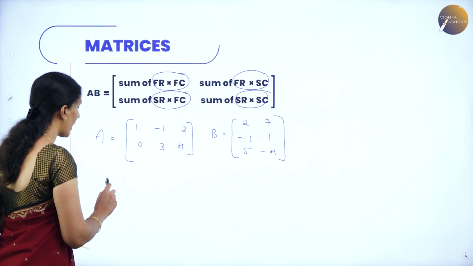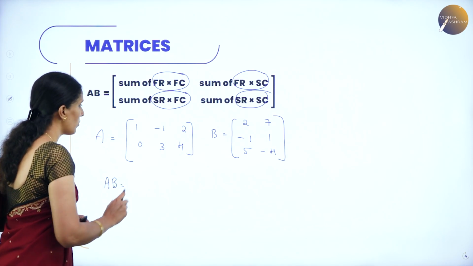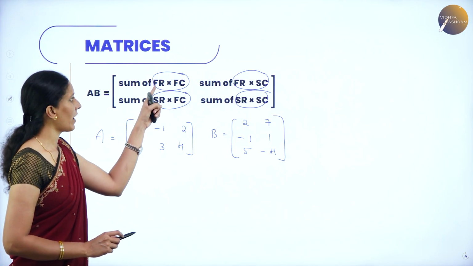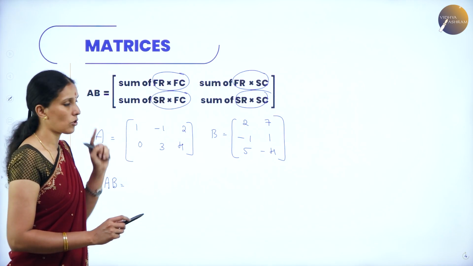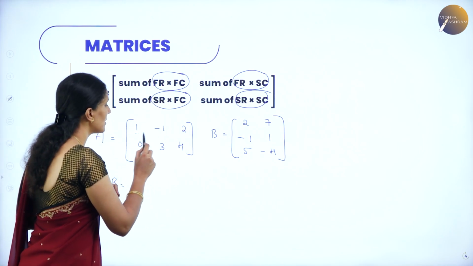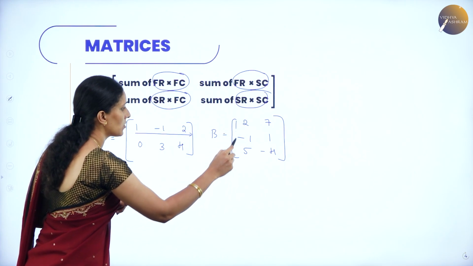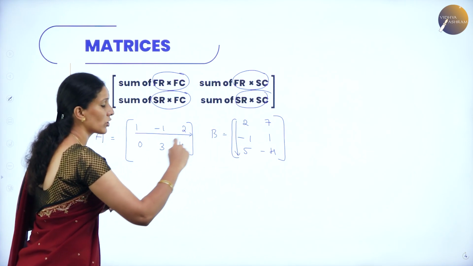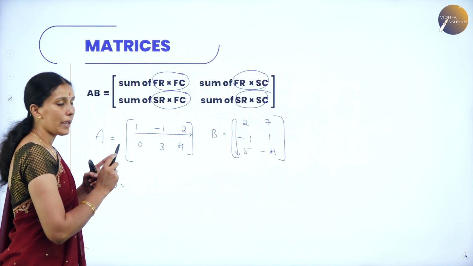Now how to find out AB? So for AB, first find out the product of first row and first column element. That is, this is the first row and this is the first column element. So multiply each corresponding value and make a sum of it.